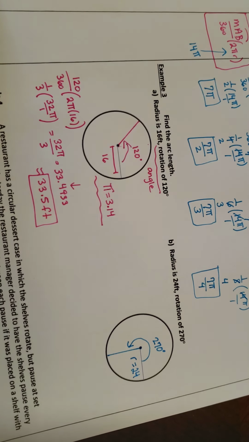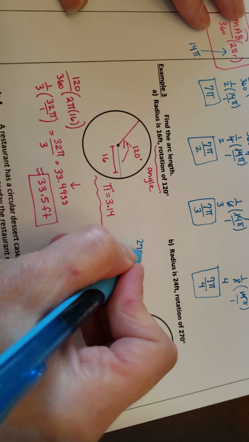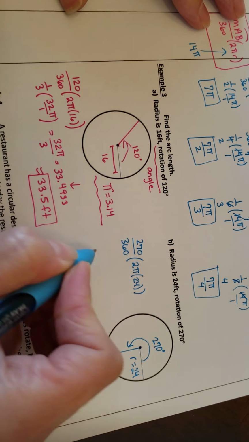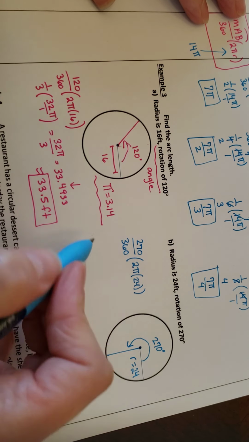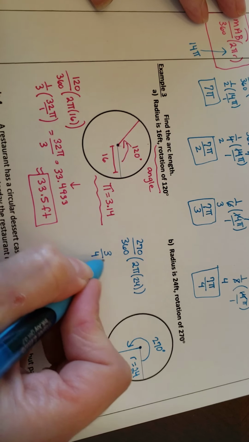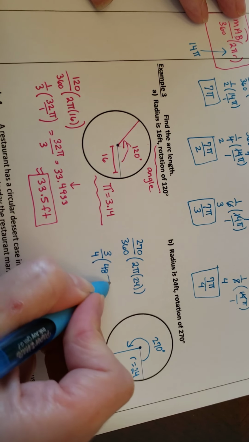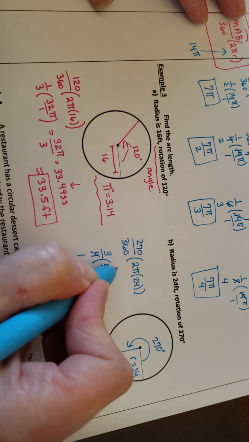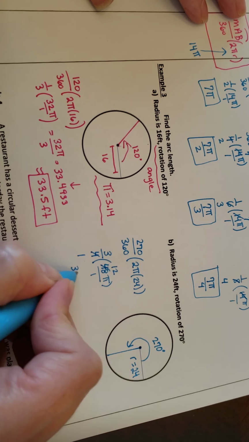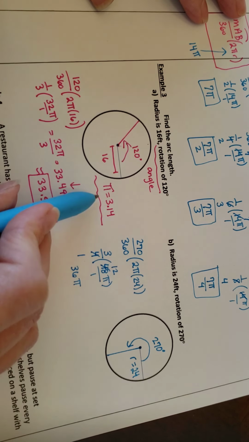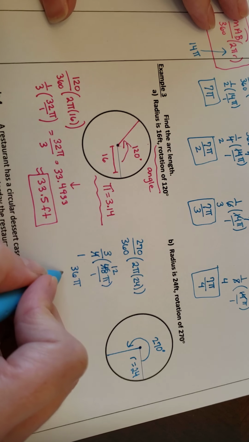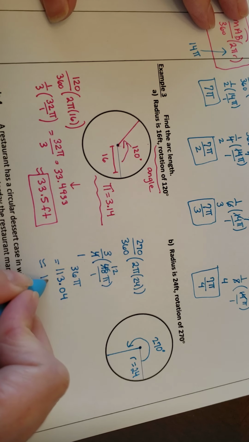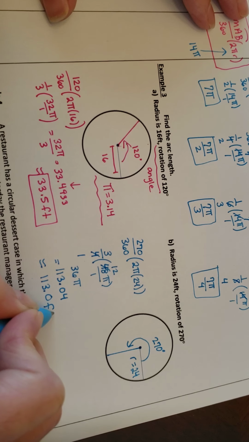So we're going to do 270 over 360 times 2 pi times 24. 270 divided by 360 is 3/4 times 48 pi. This one we can reduce a little bit nicer. So 4 and 48 will cancel. 3 times 12 will give you a 36 pi. Then again, for pi, just use 3.14. So you should get 113.04. And if I round that, it's just 113.0 feet.